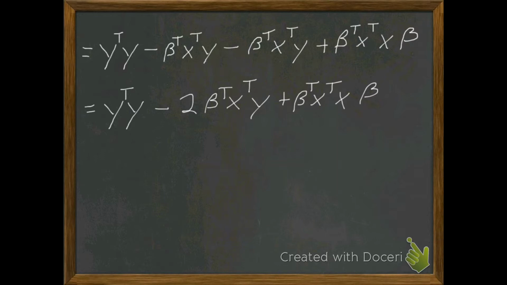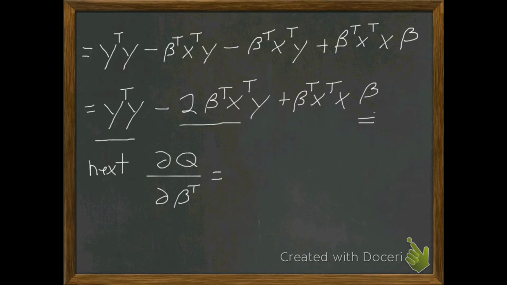Now, the next thing I want to do is take the partial of Q with respect to beta. But if you notice, I don't have a beta term anywhere but here. So it's actually going to be to my advantage to take the partial with respect to beta transpose. And when I do that, this term here doesn't have a beta transpose, so that goes away.